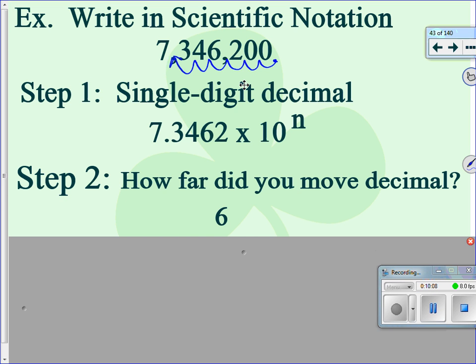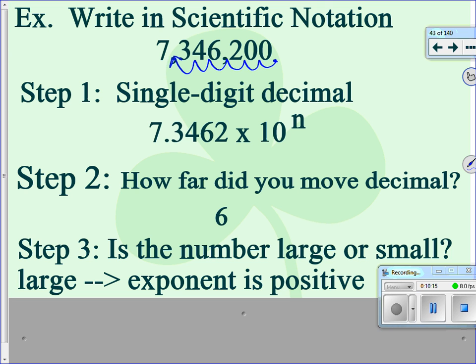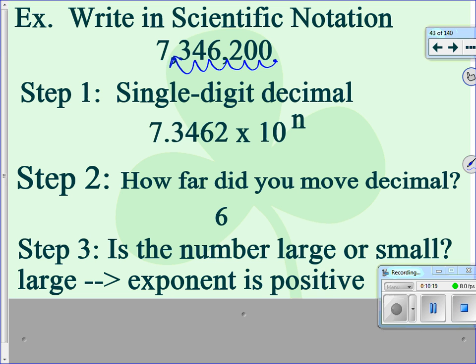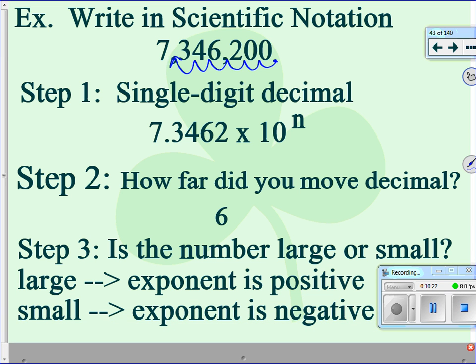So that means my exponent is going to be either positive 6 or negative 6. And then, is the number large or small? If it's large, the exponent is positive. If it's small, the exponent is negative. So large numbers, you get a positive exponent. Small numbers, you get a negative exponent. So this is 7.3462 times 10 to the 6th power.